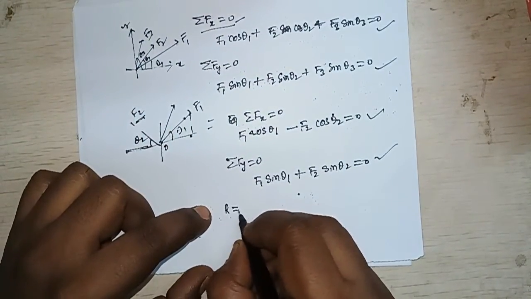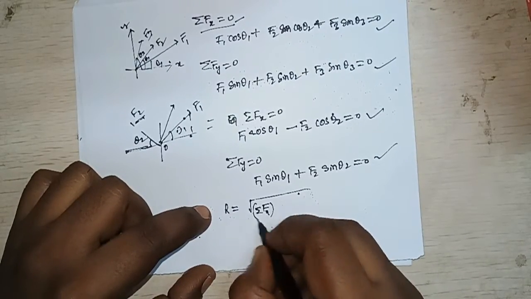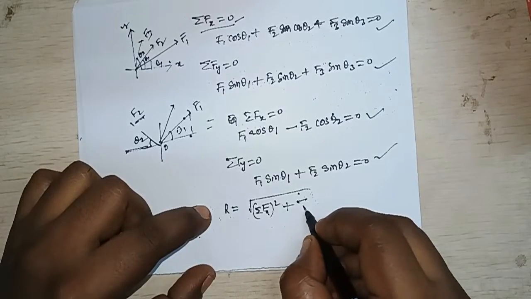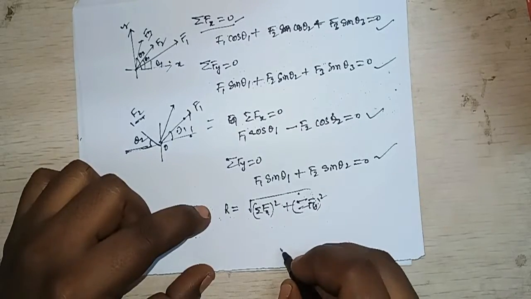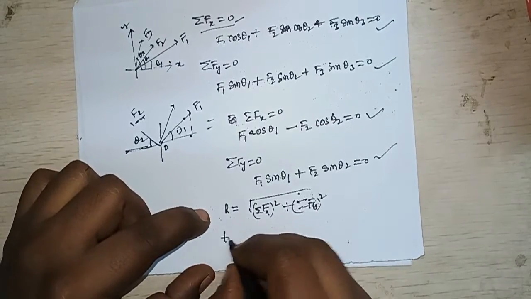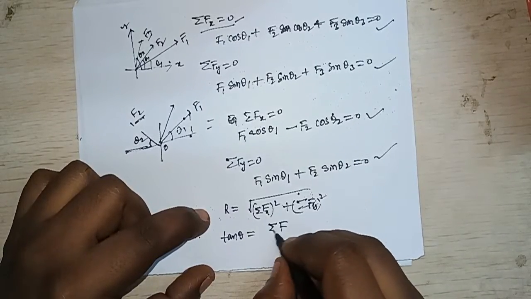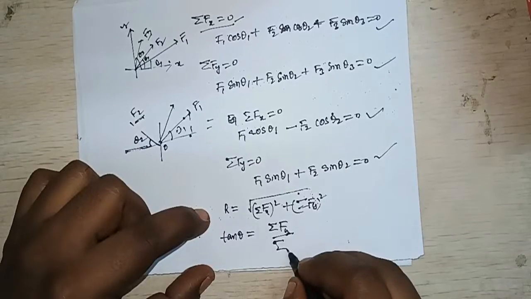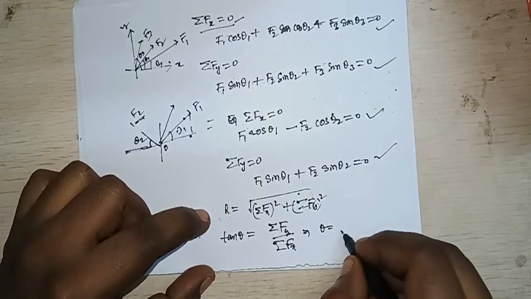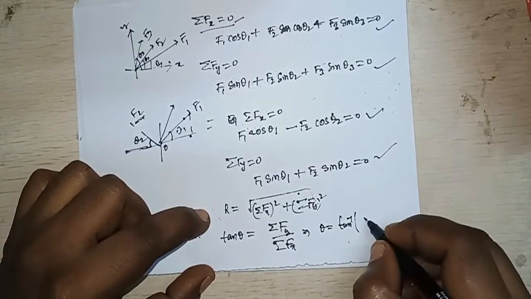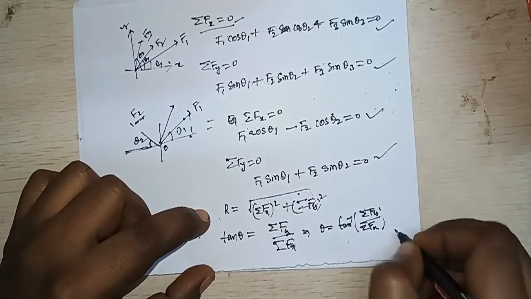The resultant force is the square root of (sigma Fx) whole squared plus (sigma Fy) whole squared, and the angle between them is tan theta equal to sigma Fy divided by sigma Fx. Theta is equal to tan inverse of sigma Fy by sigma Fx.